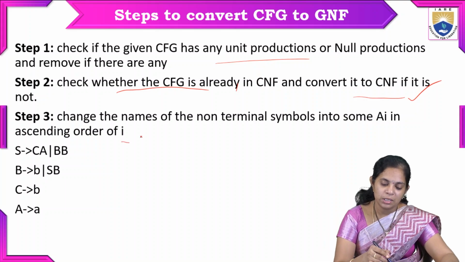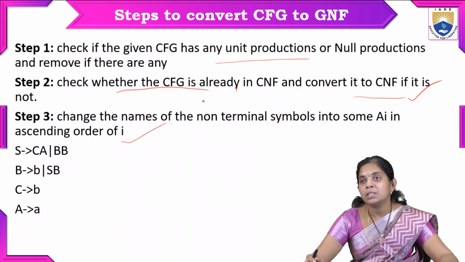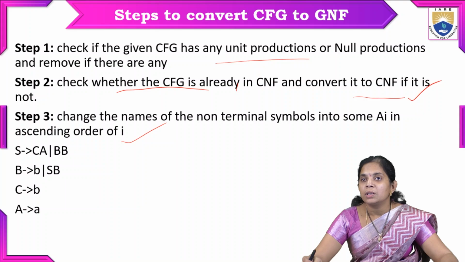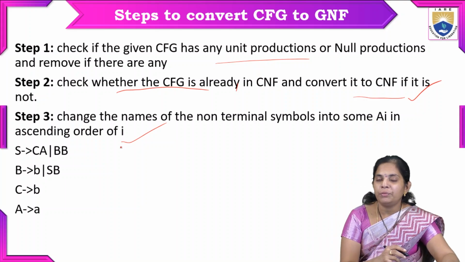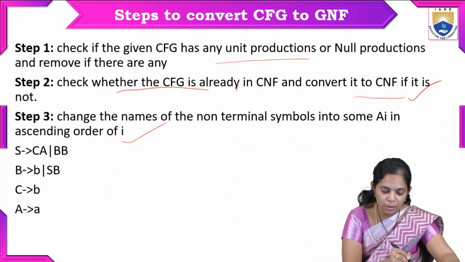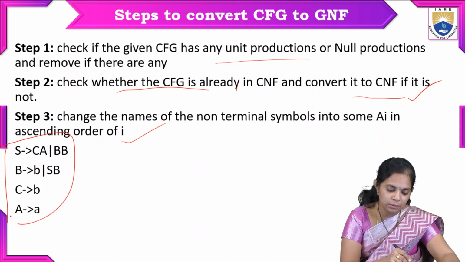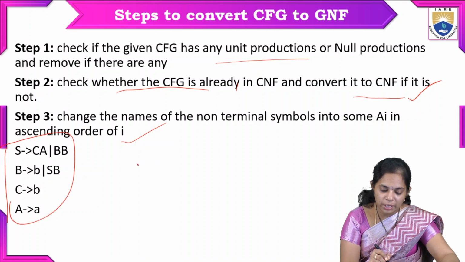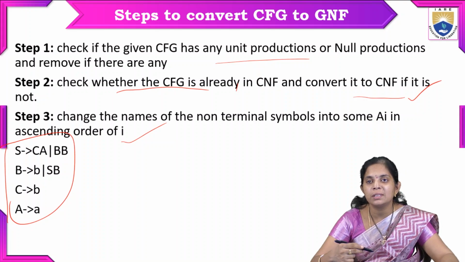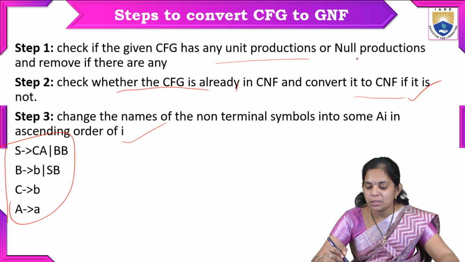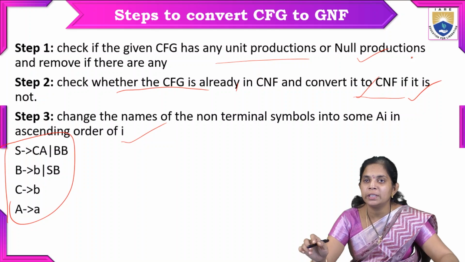And the third one, change the name of non-terminal symbols. So here non-terminal symbols into some Ai in ascending order of i. So this is the example. So here if you observe this, every production rule is in CNF. So the first step and second step are already done.